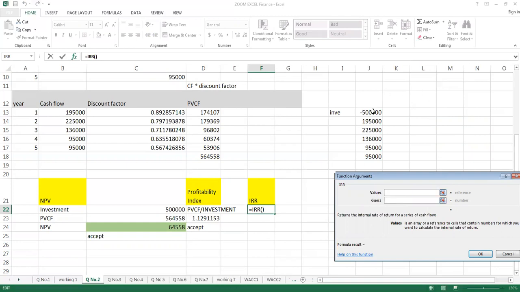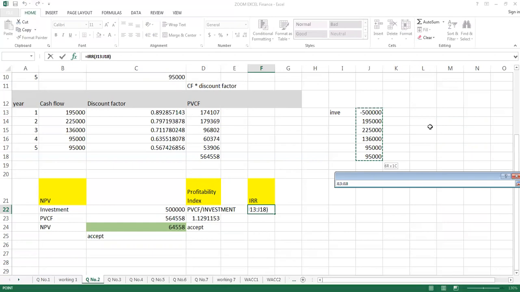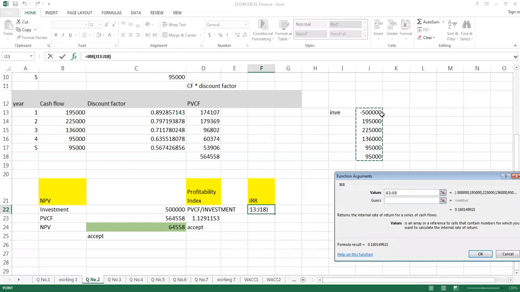Come back to the values that you placed earlier in a separate section and just drag from the first to the last one. Again, when you drag it, take care that the first amount showing the investment is negative, and all the amounts after that are positive, showing your cash inflows. If you make no mistake, then the result will appear here.